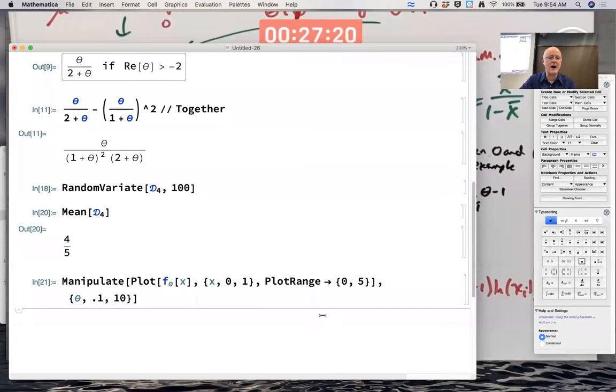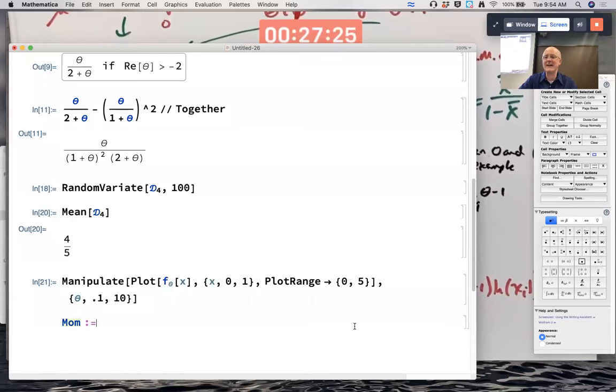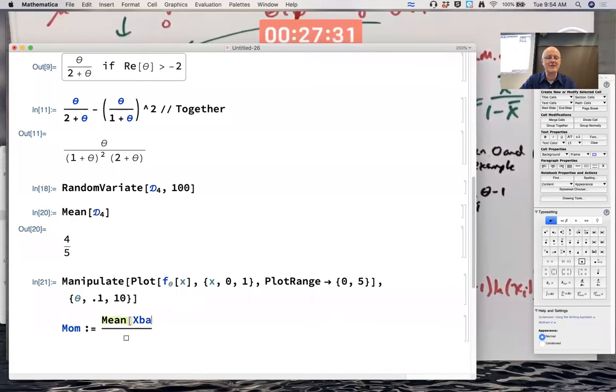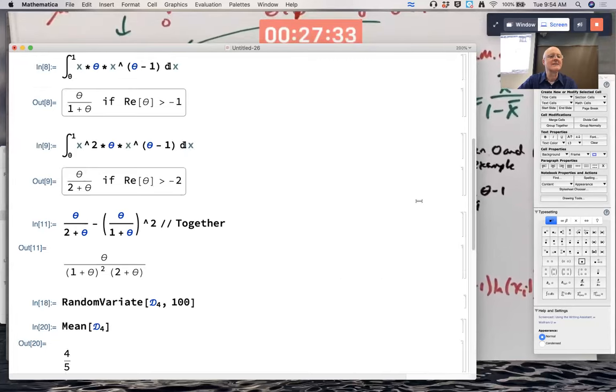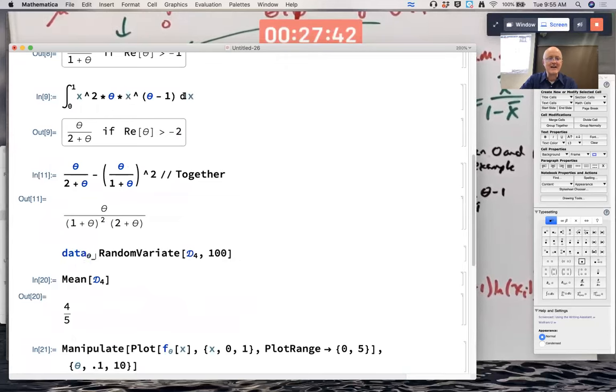Okay, let's go ahead and use M.O.M. M.O.M is defined to be X bar over 1 minus X bar. Mean X bar, or no, data. I should call it data. Here, let's do data sub theta. Let's change that to a theta.